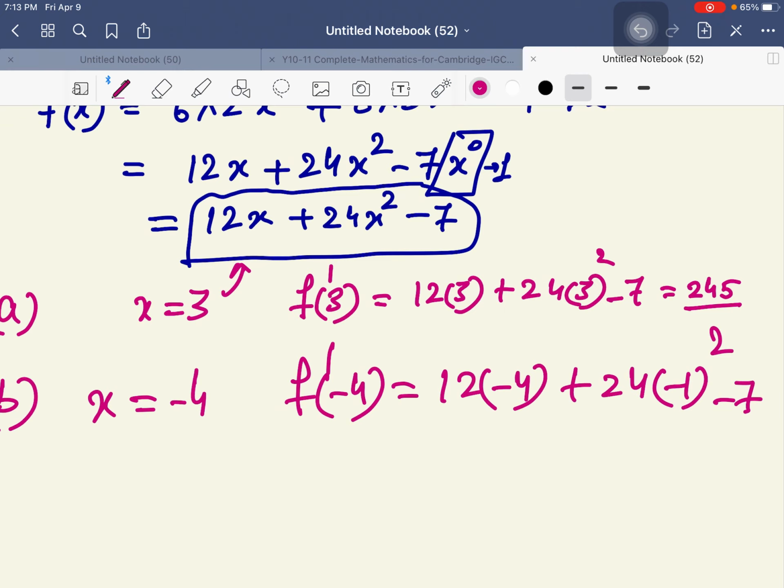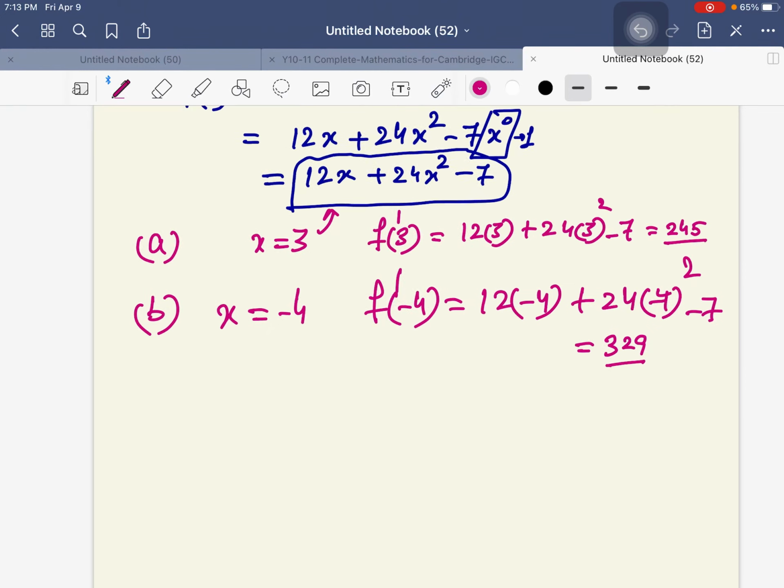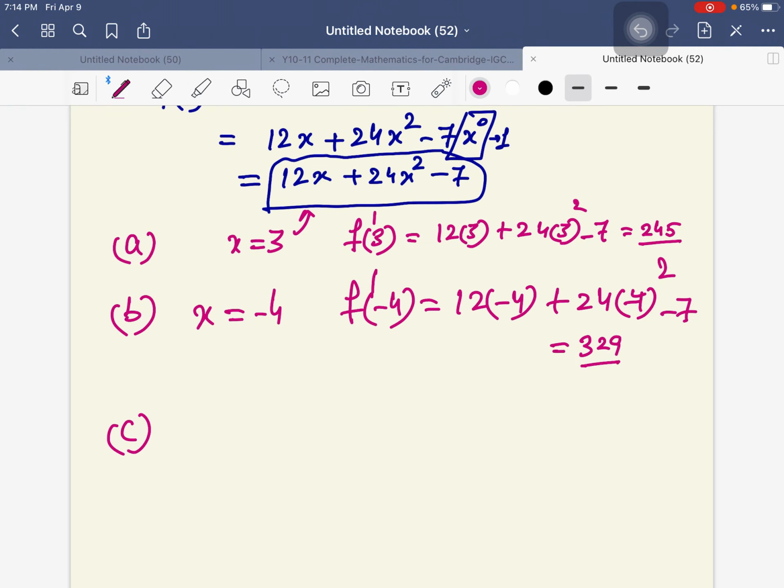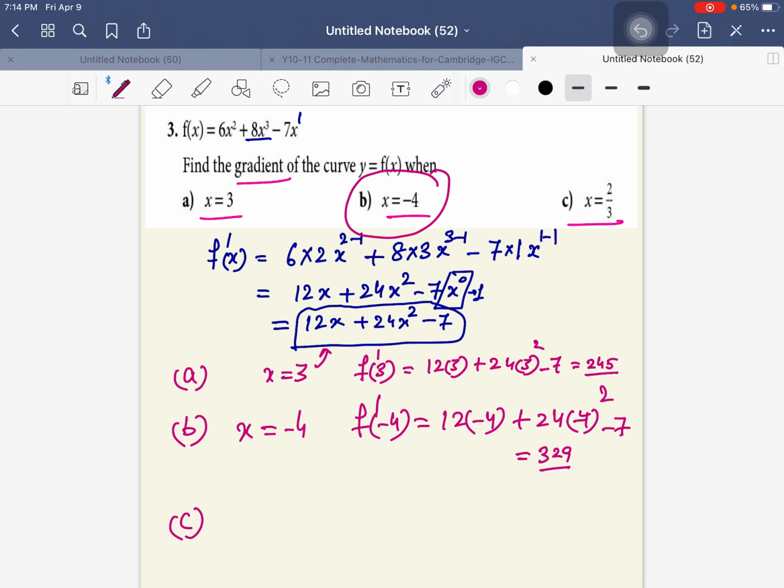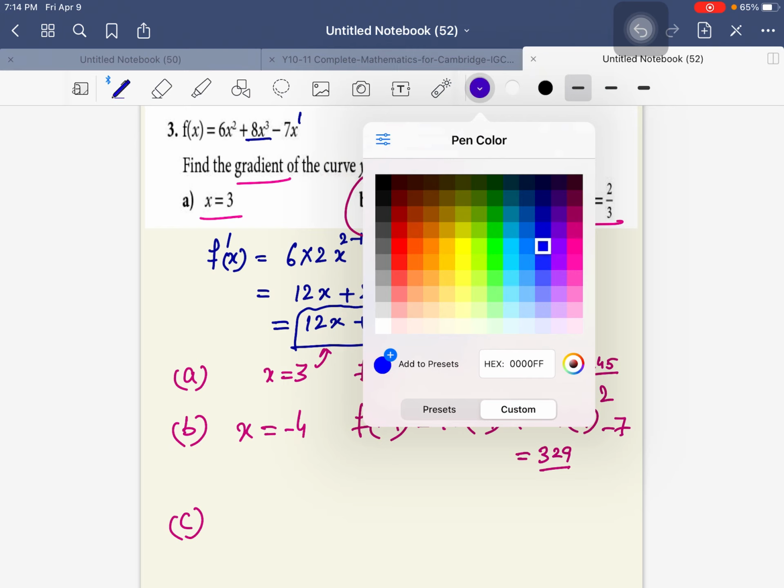Now in the second part, we have f'(-4). It is 12 times minus 4 plus 24 times minus 4 whole squared minus 7. So the answer is 329. C part. In the C part, we had to find the gradient at point x equal to 2/3.